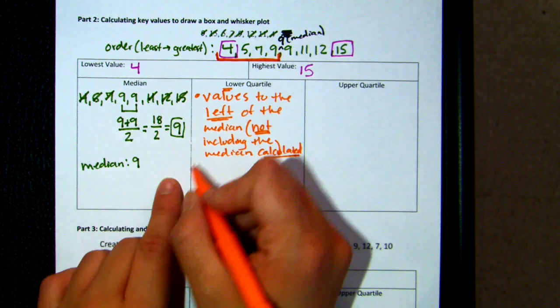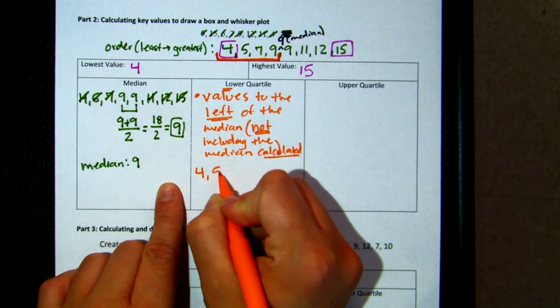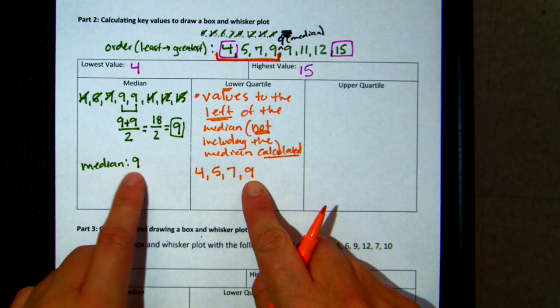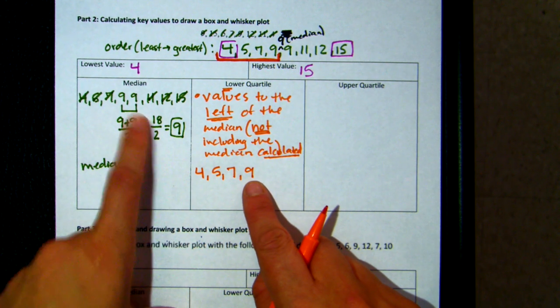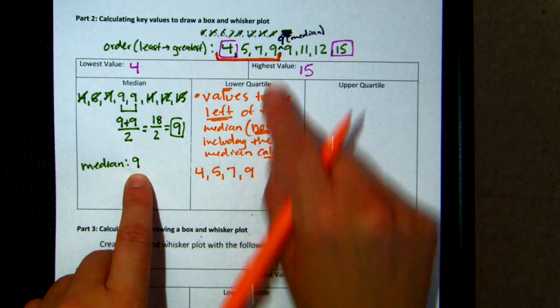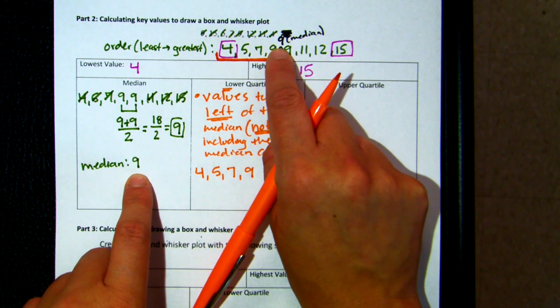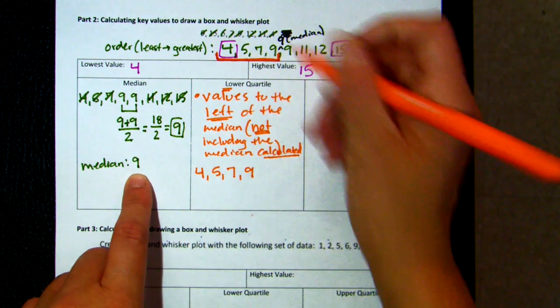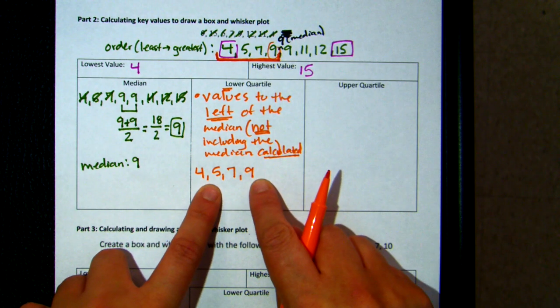So my lower quartile is going to be the numbers 4, 5, 7, and 9. Now I know that this median is 9, but that's not the 9, that's the 9 that was calculated. So the 9 to the left of that median is included in this data set.